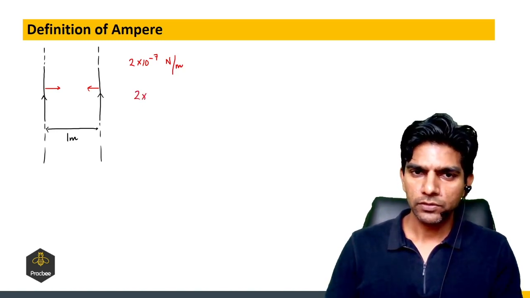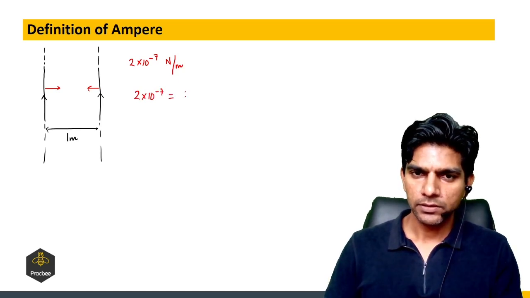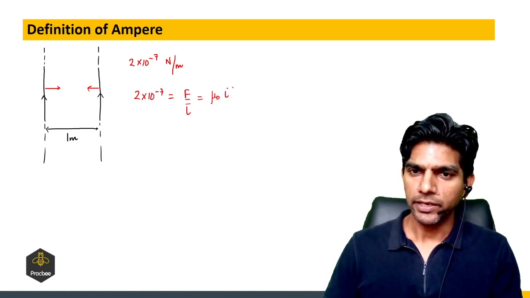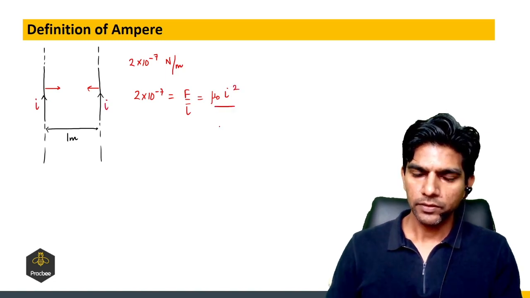So if it is 2 into 10 raised to minus 7 and it is F by L, and the formula is mu naught I1 I2. So here I have taken same current, divided by 2 pi d. Now d is 1, so this will be mu naught I square upon 2 pi times 1.